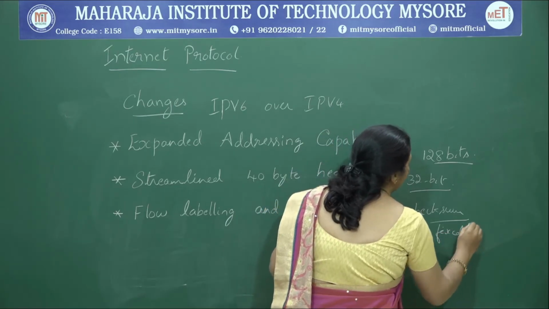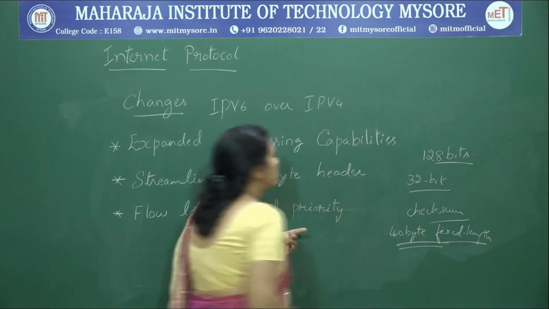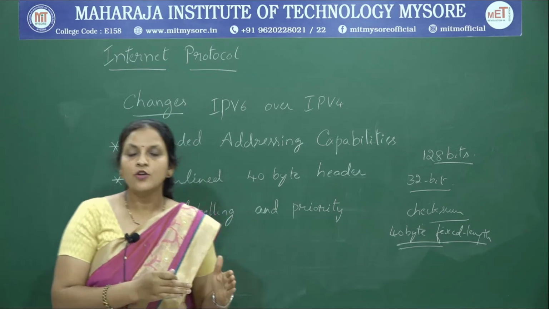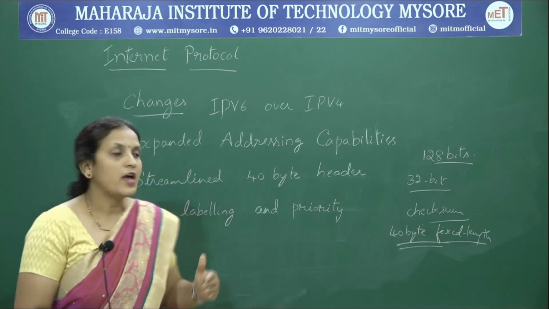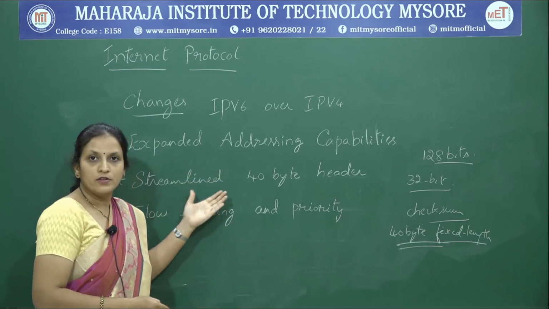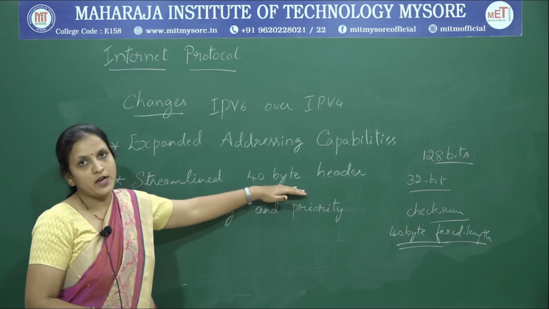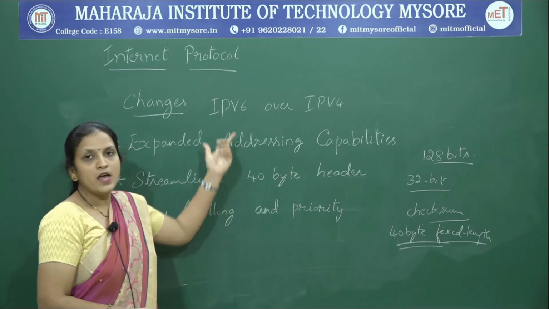This is very important. This is not going to be varied. Whatever fields we had in IPv4, by retaining only the most essential fields in IPv6, the header size was streamlined to a fixed 40-byte header. That is one more change introduced in IPv6.